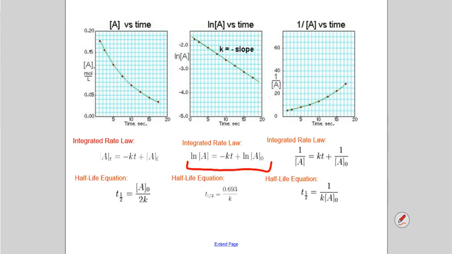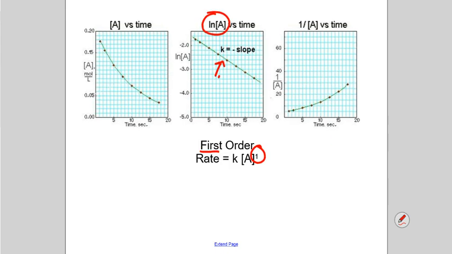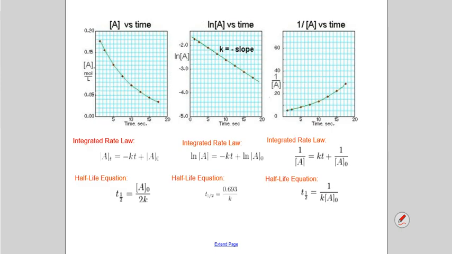But in general, whichever order it is tells us which equation to use.